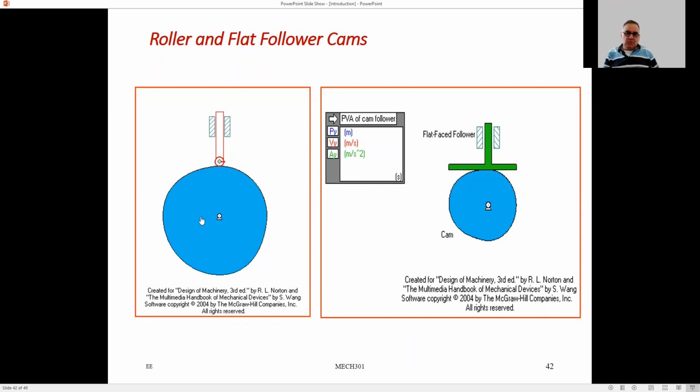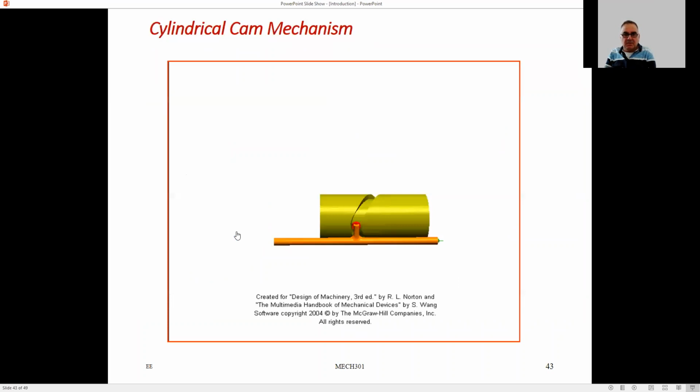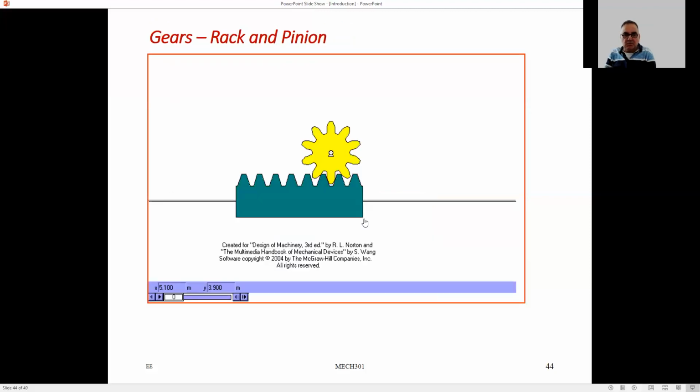Cams are used in machines in order to generate certain functions. For example, in internal combustion engines, people used to use cams. I guess they are not used anymore, but they are used to generate a motion with a certain profile. So this is a cylindrical cam, for example, so that it generates a three-dimensional motion.